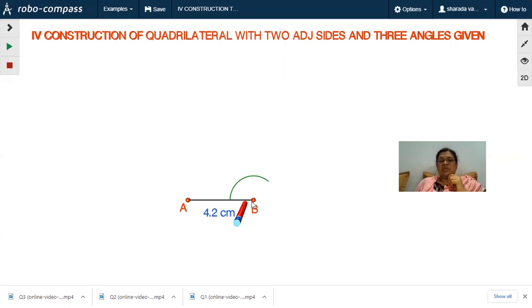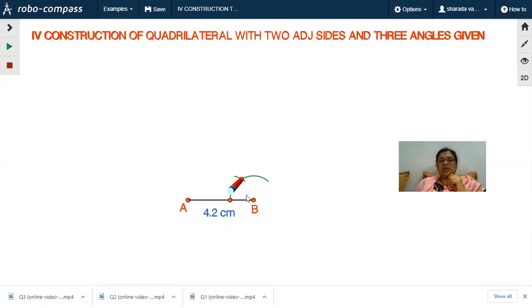So put your pointer at B, draw an arc like this, and locate the point, the intersection of the arc and the line segment. And from there you put the pointer with the same radius and draw an arc like this. So what will be the angle between these 3 points?